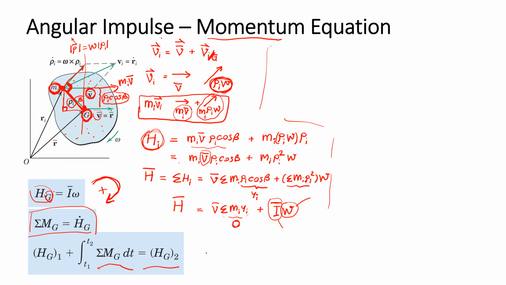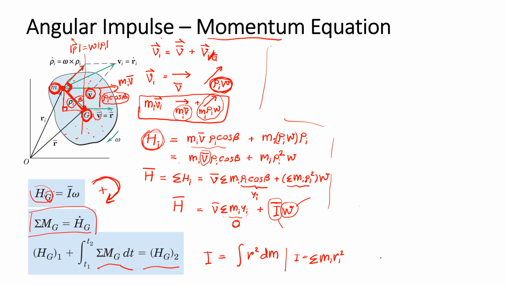The moment of inertia is equal to the integral of r squared dm, or the moment of inertia may equal the summation of mi ri square. This is the definition.